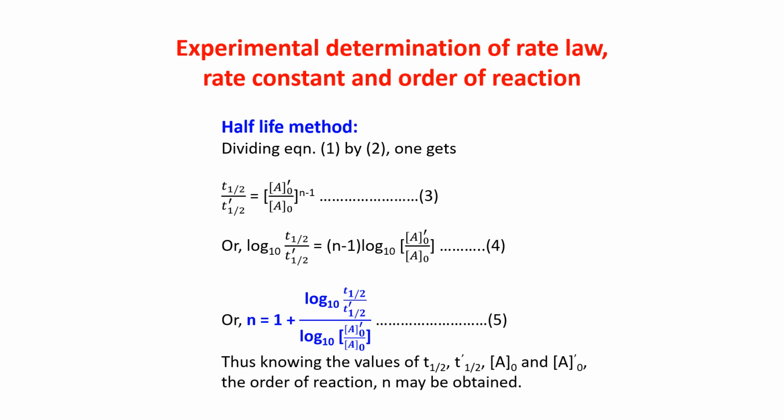From this I calculate the value of n, so that means I get the order of reaction. By knowing all these values, T half, T half prime, A naught and A naught prime, the n value may be obtained.